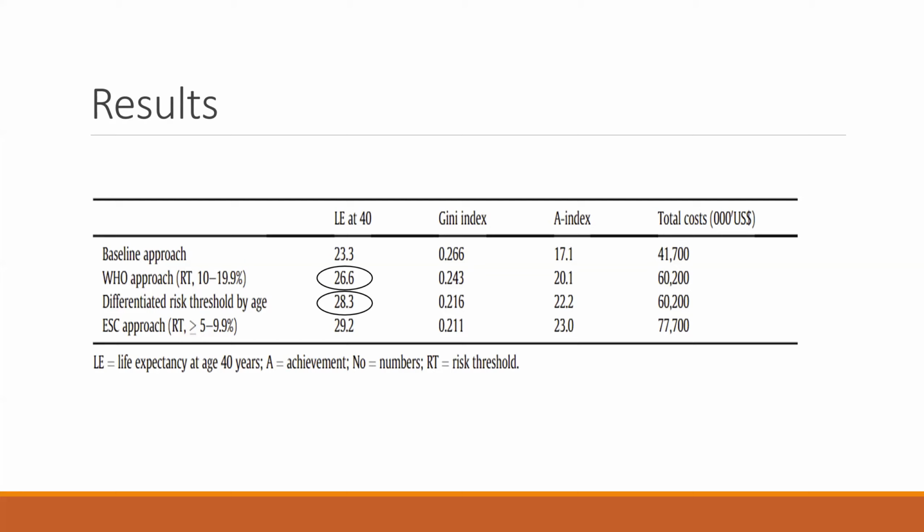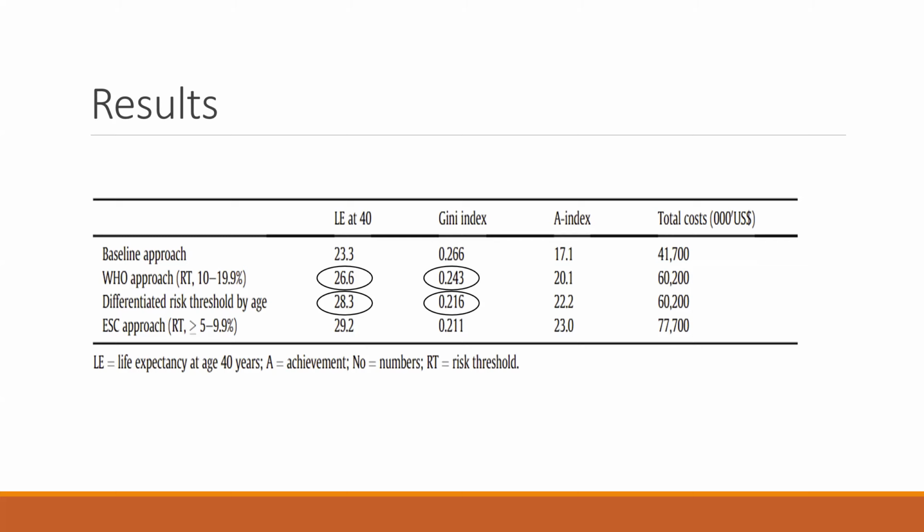And when you look at the Gini coefficient, it was lower with the differentiated risk, meaning that it was less inequitable to the Tanzanian cohort when you do the differentiated risk by age compared to the WHO approach of a single risk.